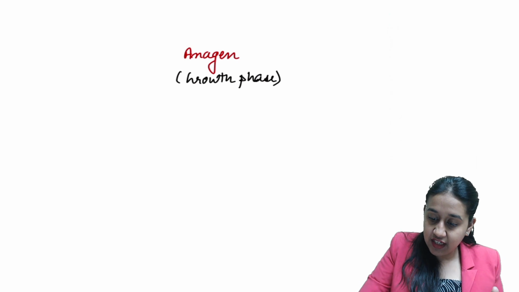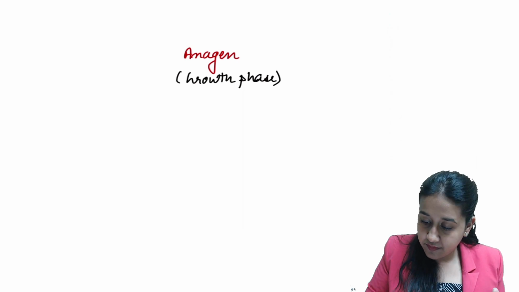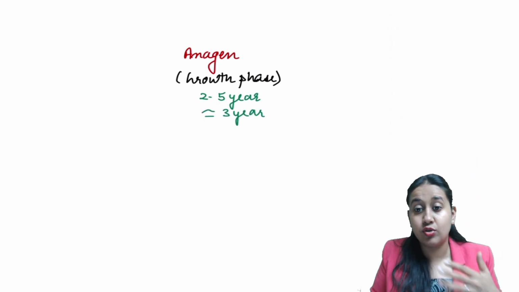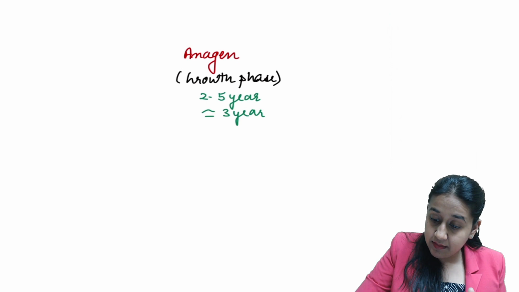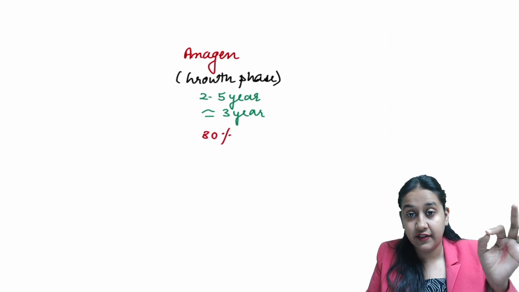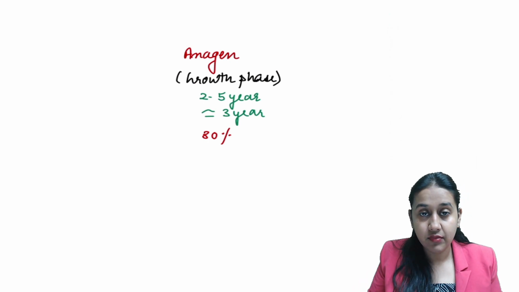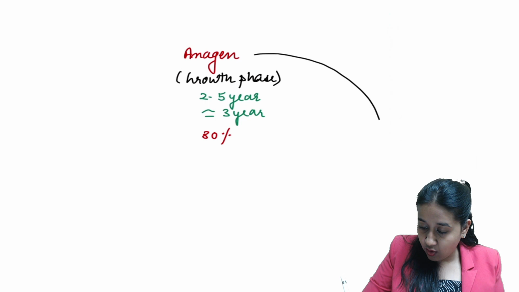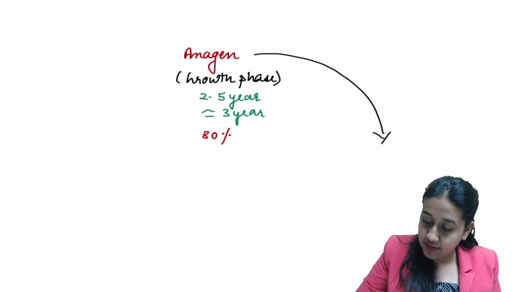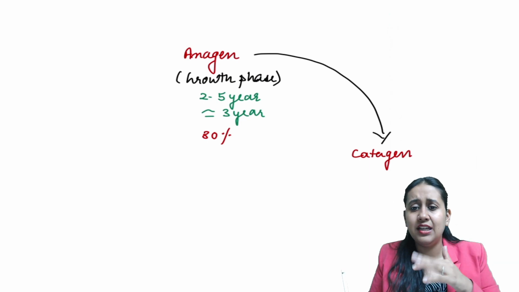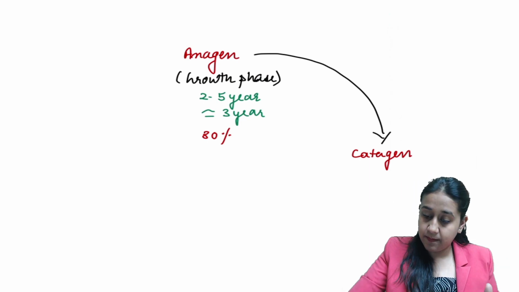The duration of anagen phase is around 2 to 5 years, but on an average, we will consider this to be 3 years. It is easy for us to remember. And please remember, 80% of the hairs on the scalp are in the anagen phase at one point of time. Once the anagen phase is completed, the hair will automatically move from anagen to catagen.